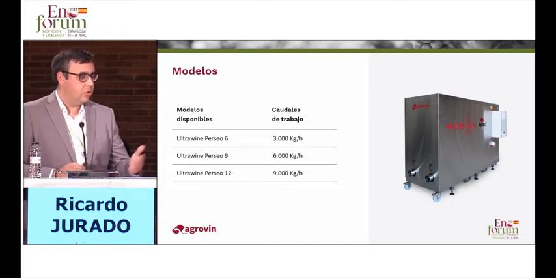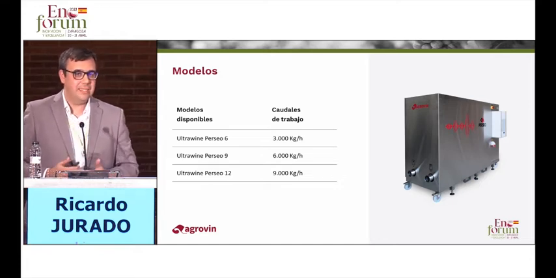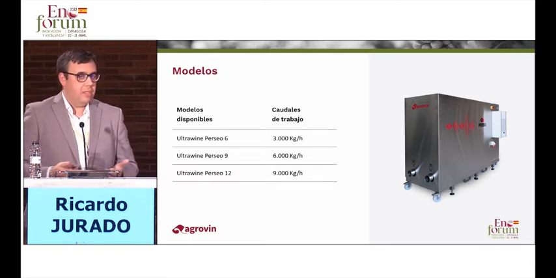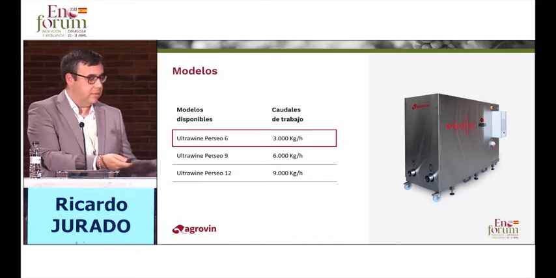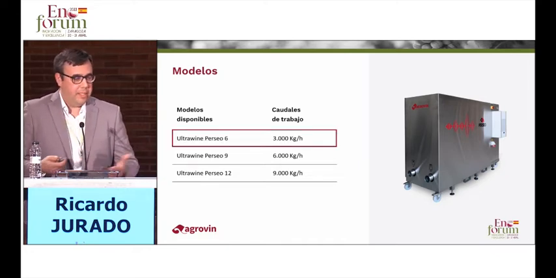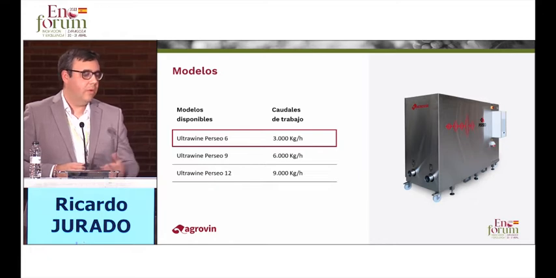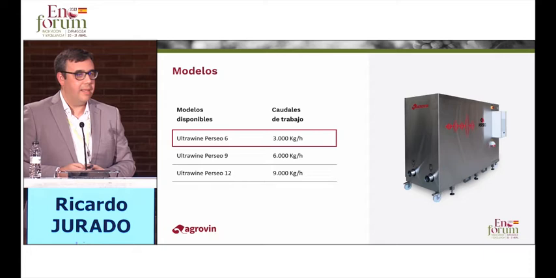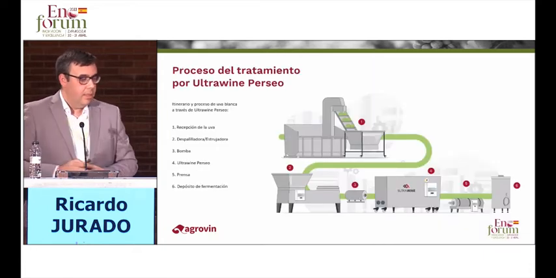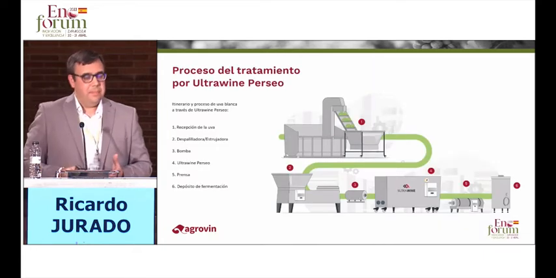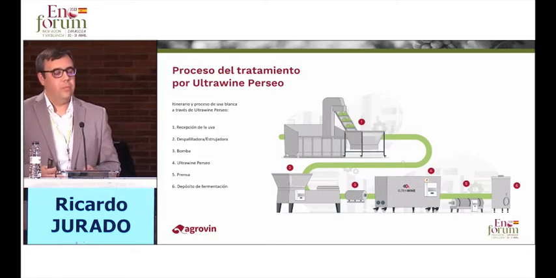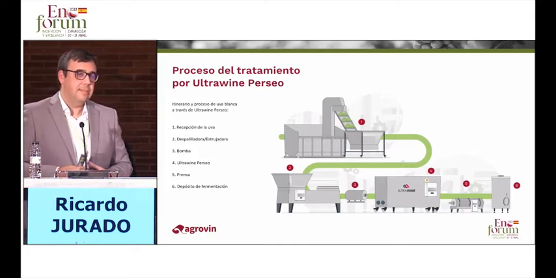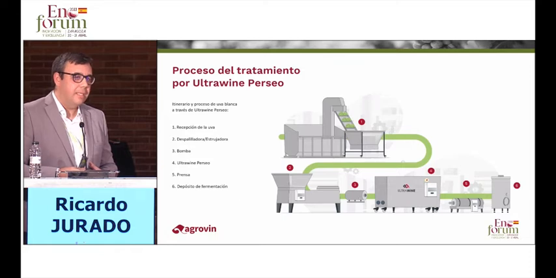There are different models available. One 6-kilowatt equipment has been coupled with different working flows, such as 3,000 kilograms per hour. But normally we have been working with lower flows. Agrovin has these models, and we are constructors, and we can manufacture according to the requirements of the client.